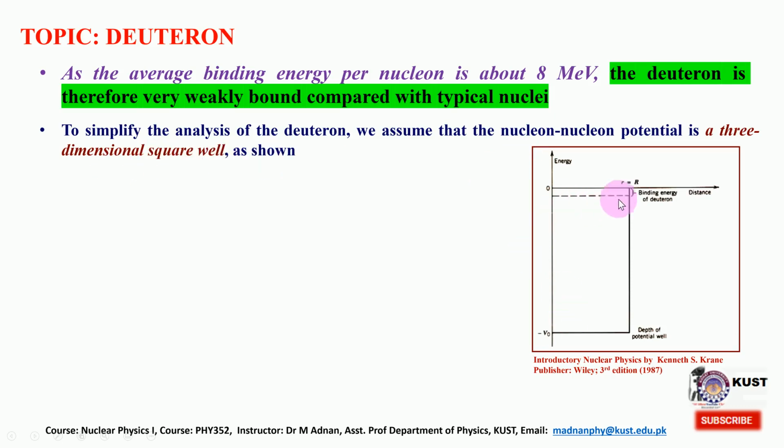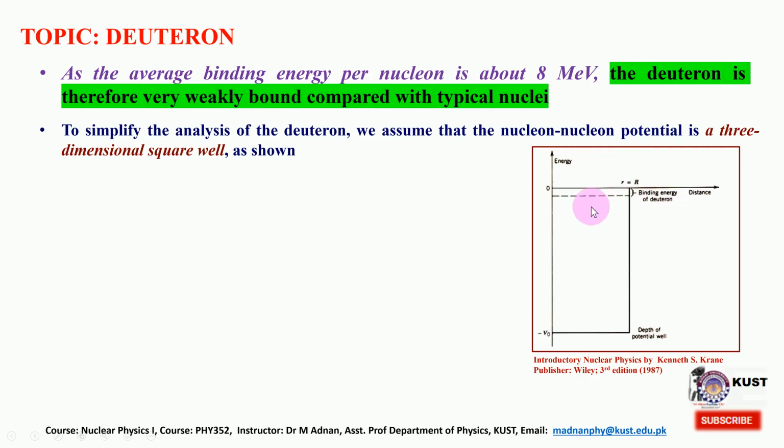Let's say on this axis we have the parameter R, which is the separation between the two nucleons, the proton and neutron. Let capital R be the measure of the diameter of the deuteron.